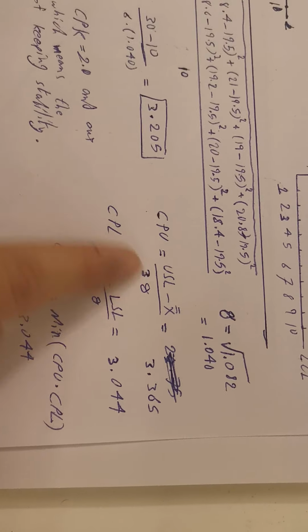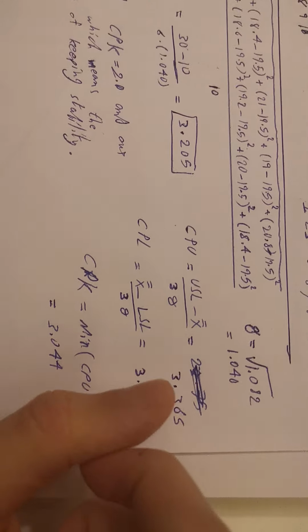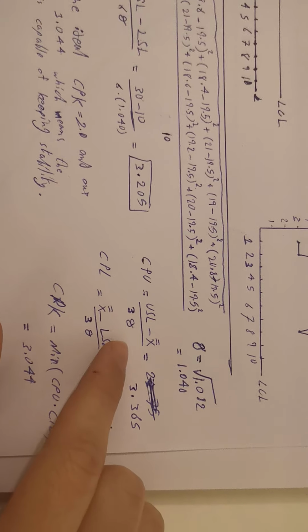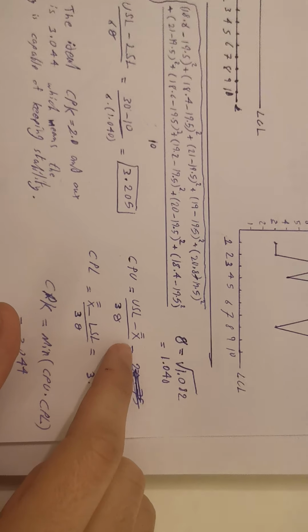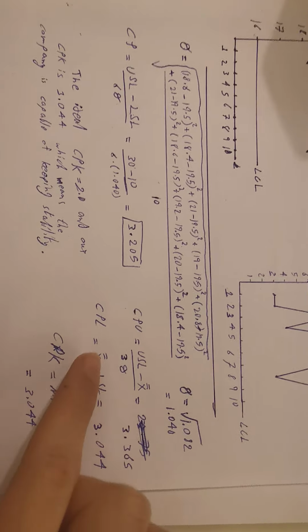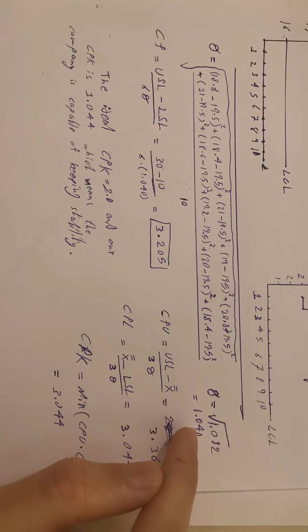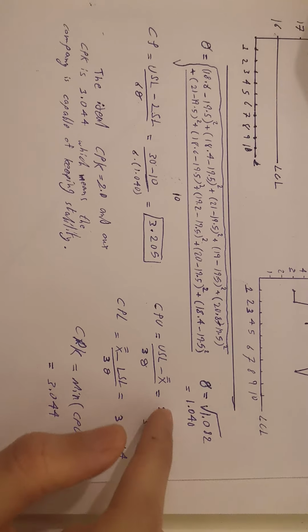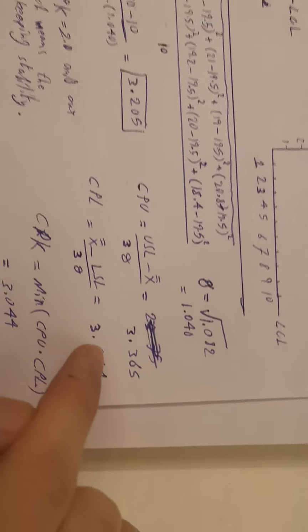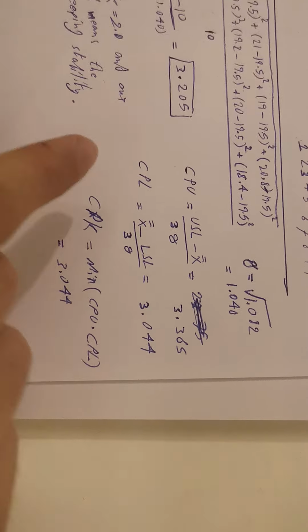So USL is given to us in the question, which is in this case 30, minus the X grand, which is 19.55 that we calculated earlier, and divide that by 3 multiplied by sigma. Sigma, we also calculated that earlier, which is 1.040. And the answer will be, in this case, 3.365.